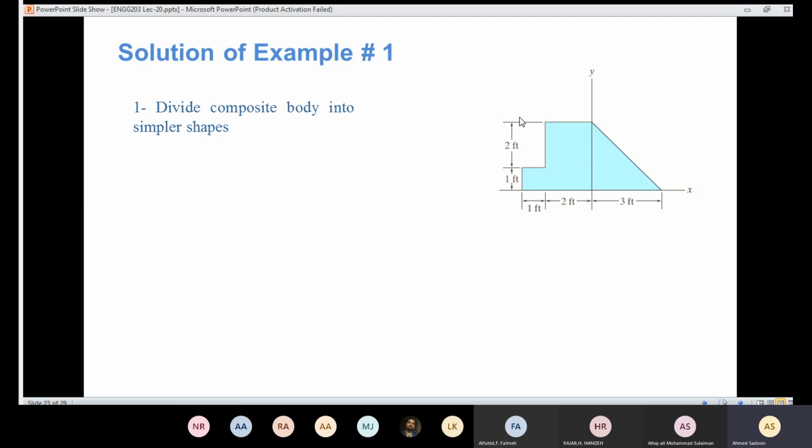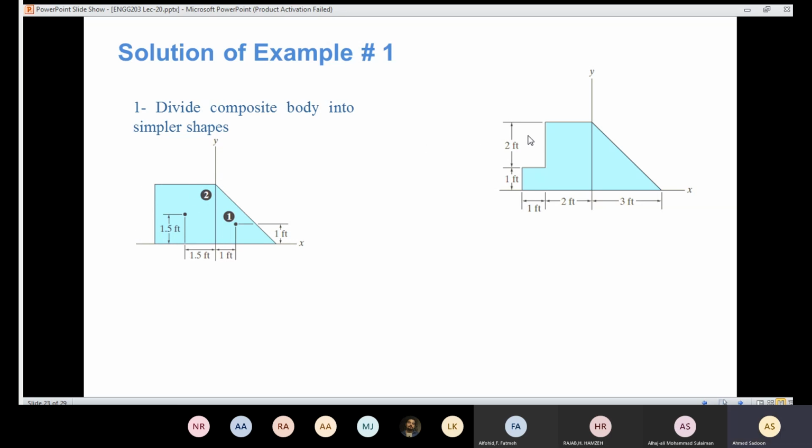So this one, I'm going to include as negative area. So I have here more than one option. I could say that I have this part and that part and that part, or I could say that I have that part here, a triangle, I'm going to call it part 1, and here I'm going to have a rectangle, I'm going to call it part 2.